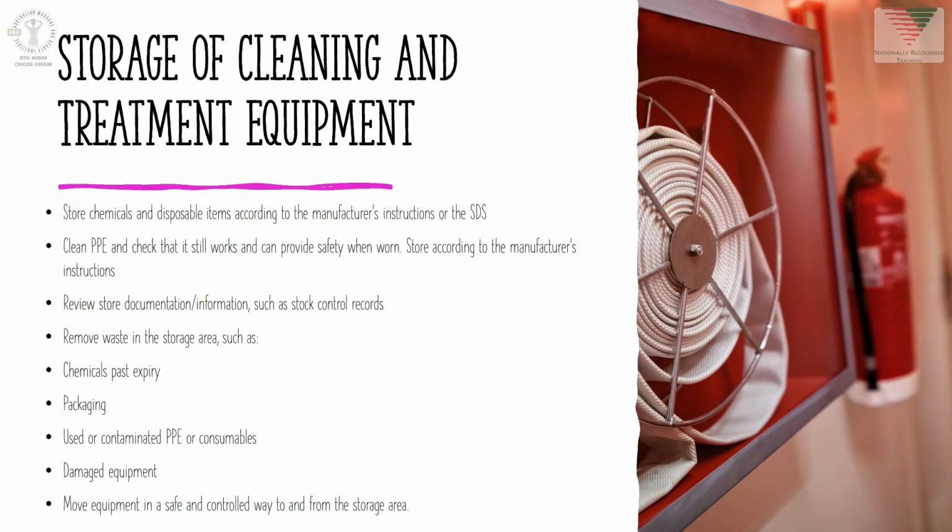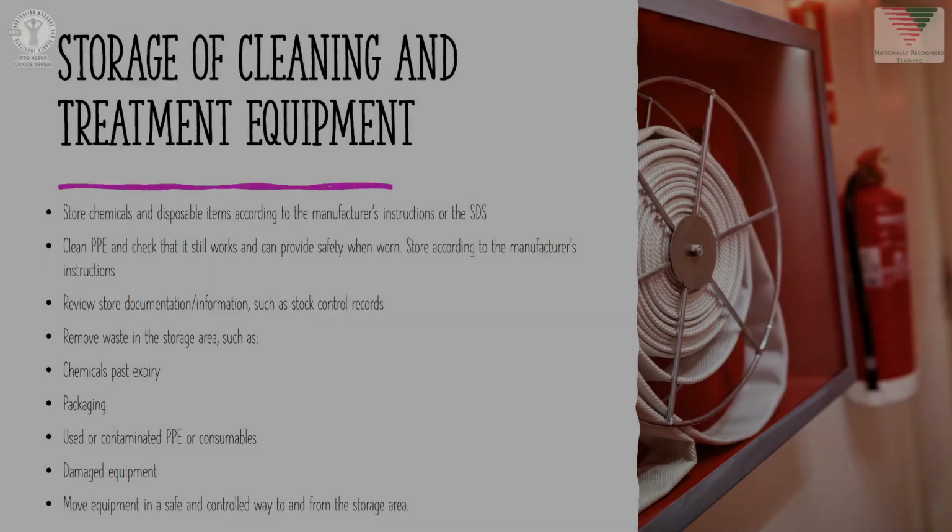Remove waste in the storage area, such as chemicals past expiry, packaging, used or contaminated PPE or consumables, damaged equipment. Move equipment in a safe and controlled way to and from the storage area.